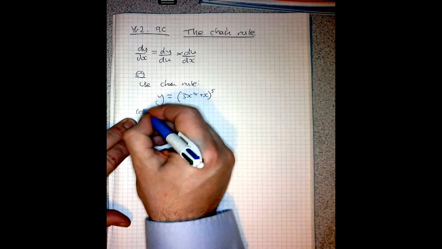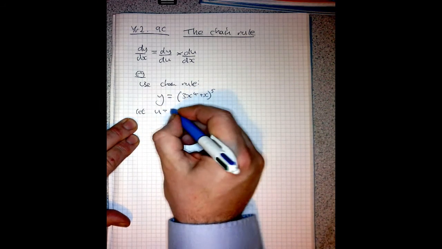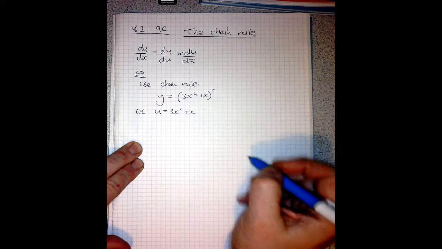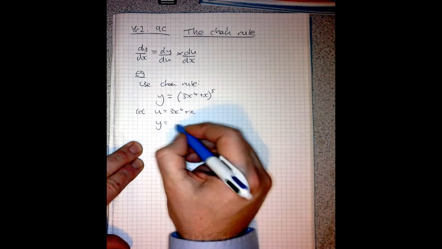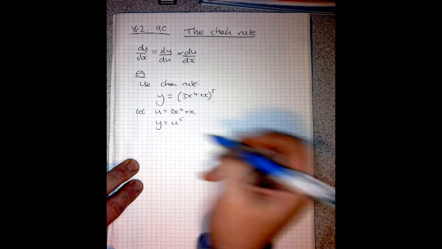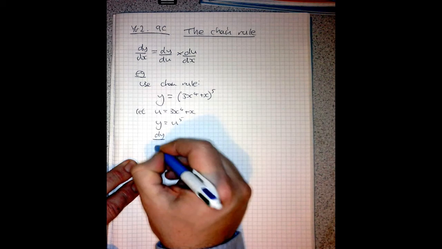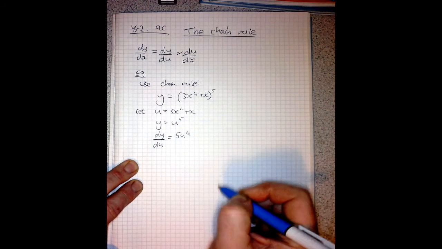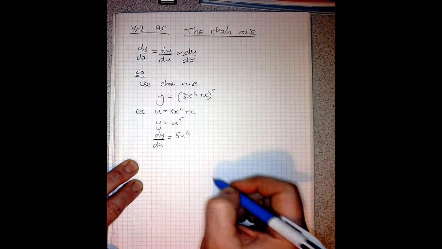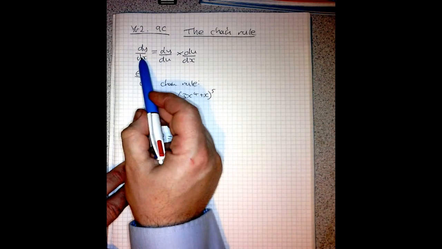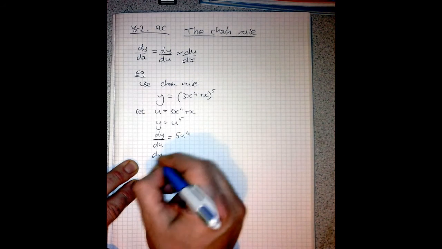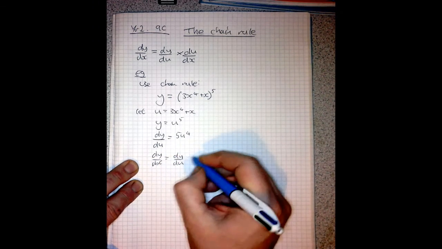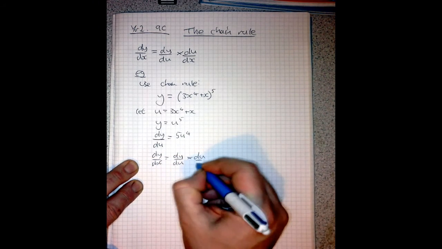What I'm going to say is let this thing u be the expression in the bracket, and therefore y equals u to the 5. Well, clearly dy du is 5u to the 4, and we actually want dy dx, so dy dx is dy du, which I've got, times by du dx.